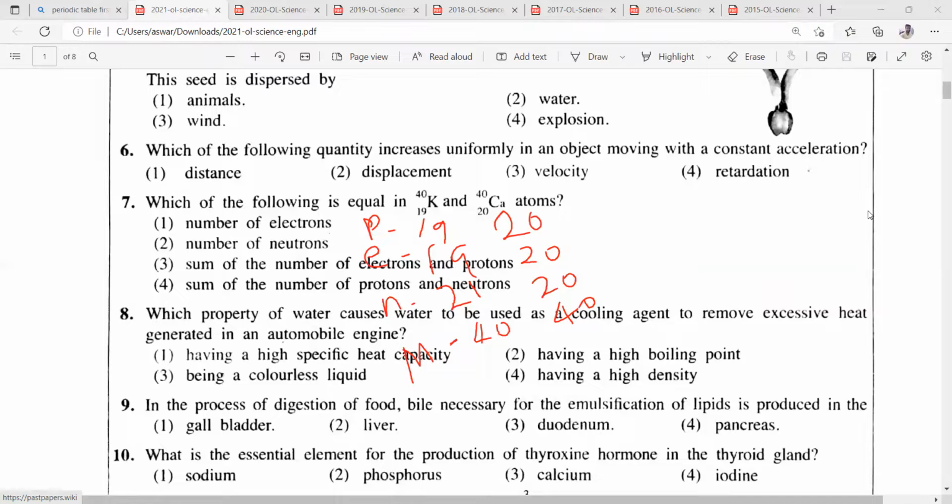What is the definition for mass number? The sum of the number of protons and neutrons in the nucleus of an atom. Yes, very good. So here the sums of protons and neutrons are equal or not? Yes. So the answer is the fourth one.